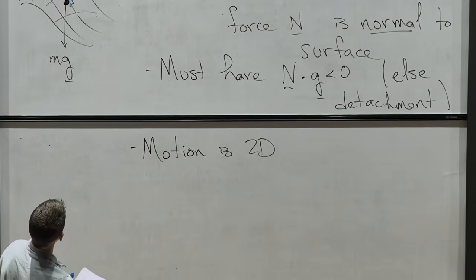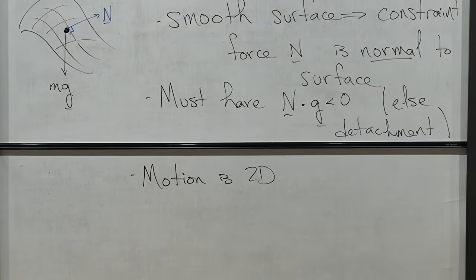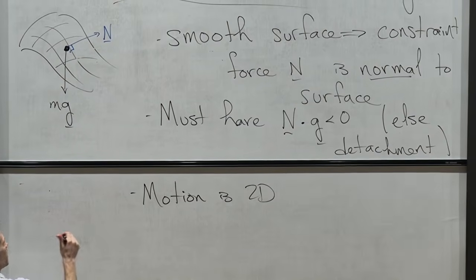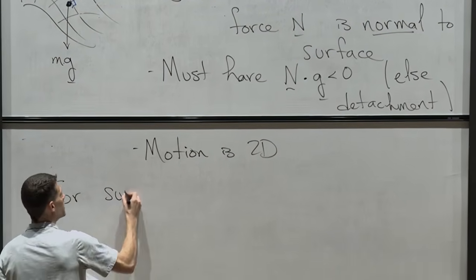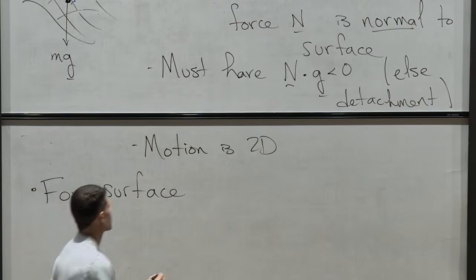Depending on the surface, this can be quite messy to set up. It's a much more complicated constraint than our pendulum, but there's a class of surface for which the equations look much nicer, and that's a surface of revolution.